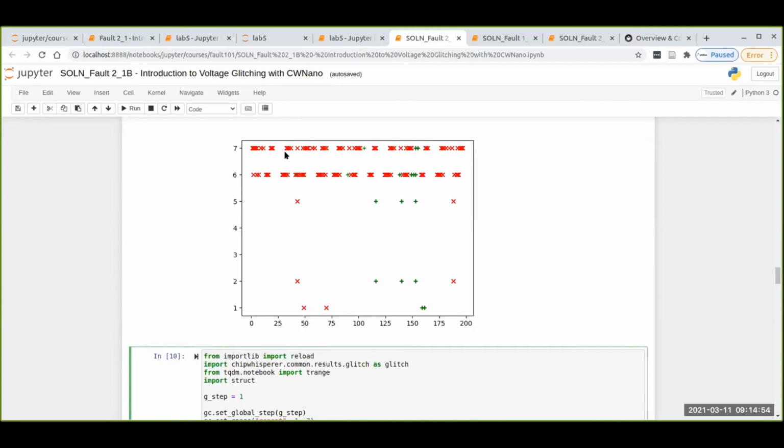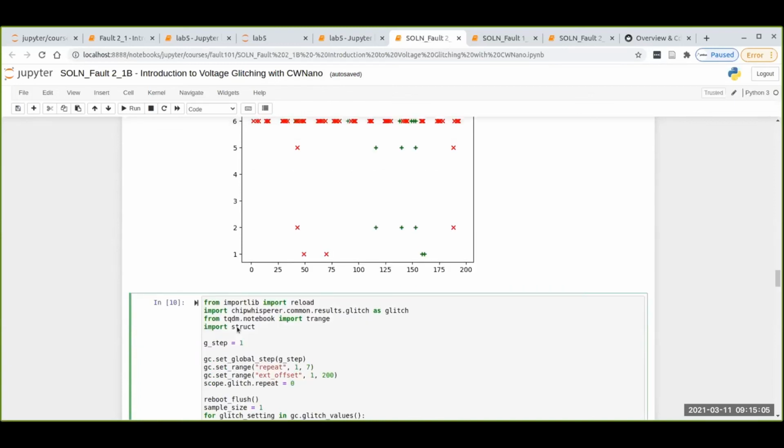What we're seeing is the width, essentially. It's a change in width. So 7 is the highest width, 1 is the lowest width, based off of that variable repeat. At the lowest levels of repeat, at 1, the width is small. We're seeing the success and failures along that line. And then moving up from there, twice the width.